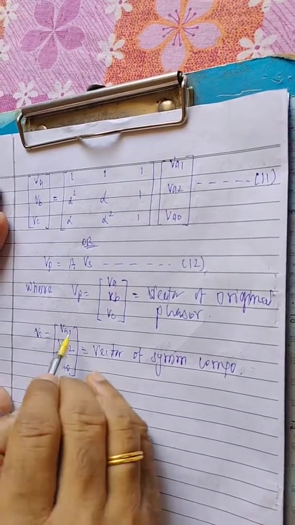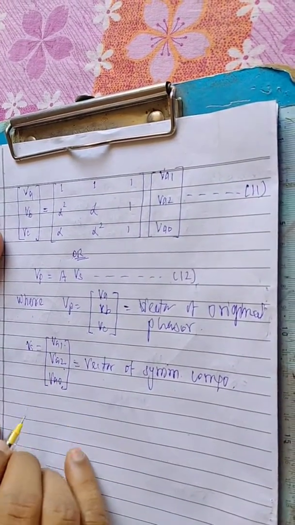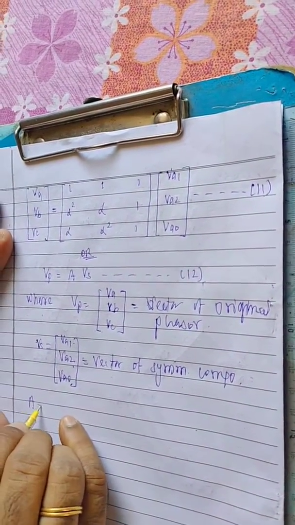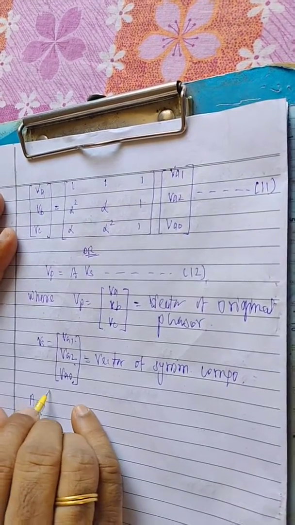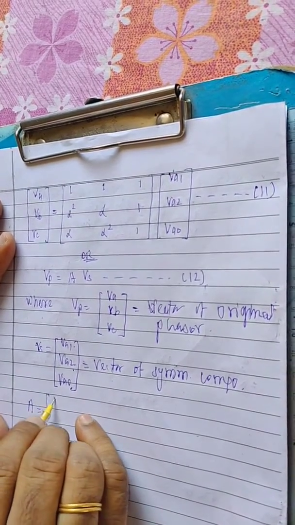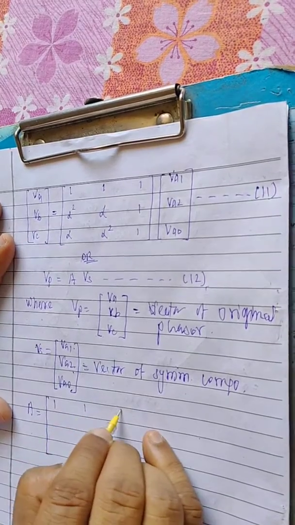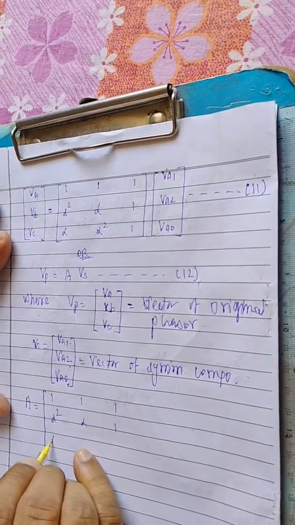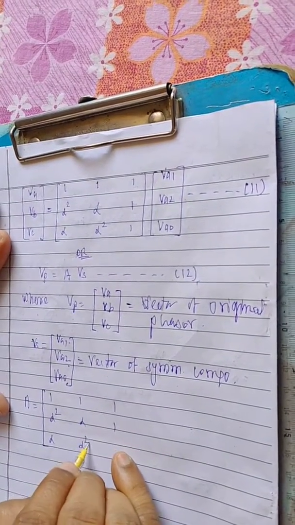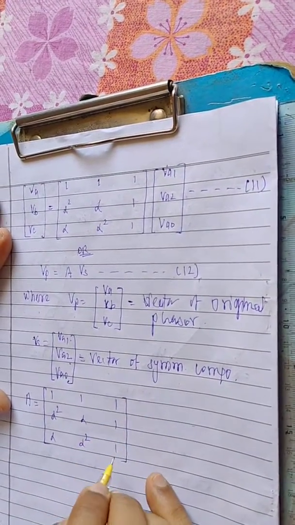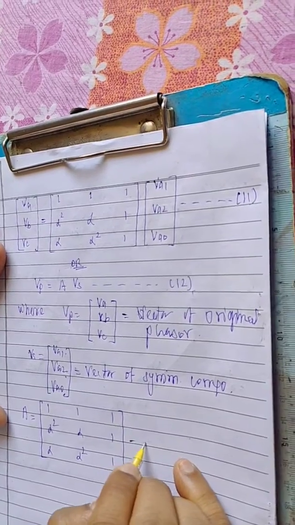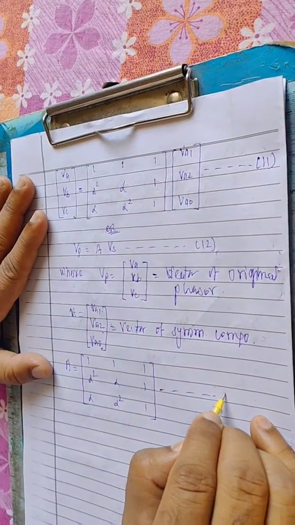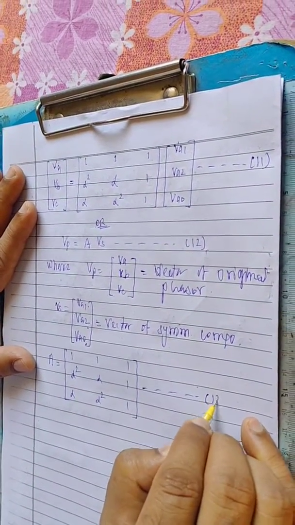Symmetrical components are VA1, VA2, VA0. And matrix A is defined as rows 1, 1, 1; alpha square, alpha, 1; alpha, alpha square, 1. This is equation 13.